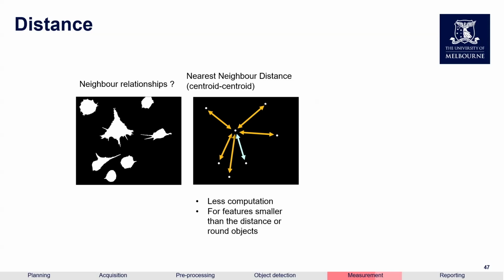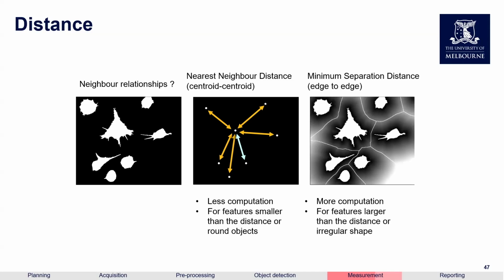But when objects are large compared to their separations like this, and also irregular in shape, or their edge-to-edge minimum separation distance is, I guess, more important, then you can measure this border-to-border distance rather than the centroid.